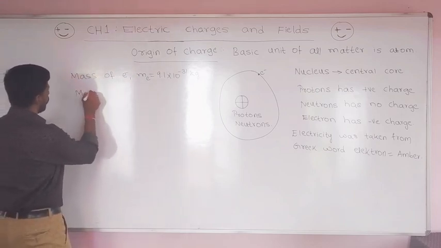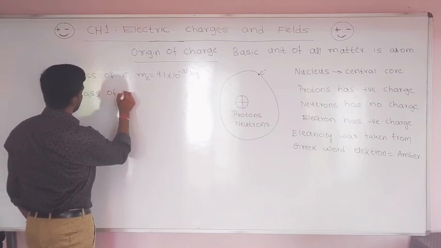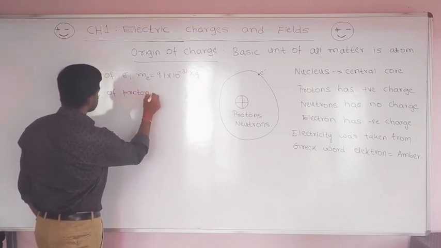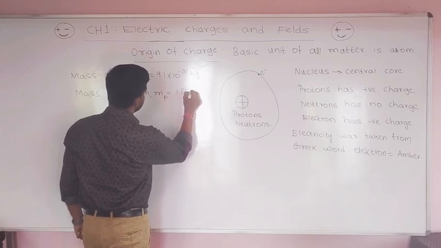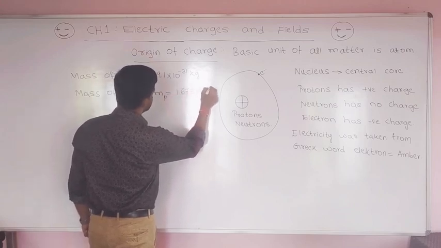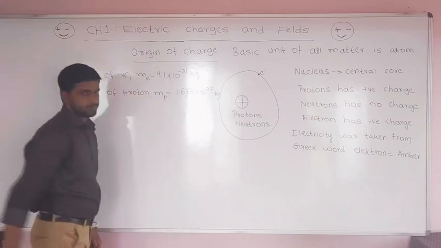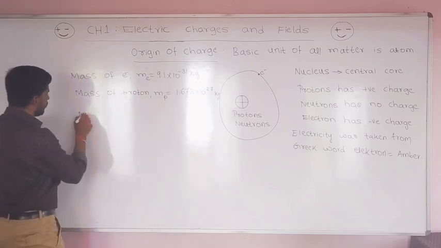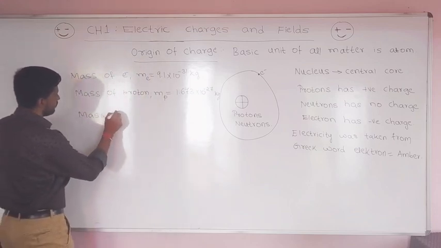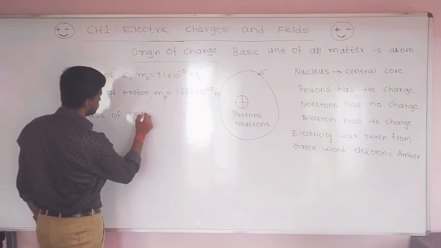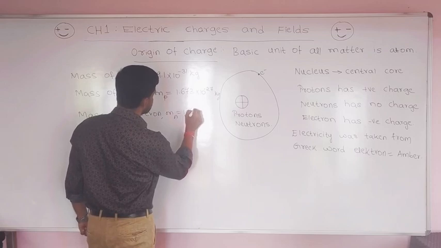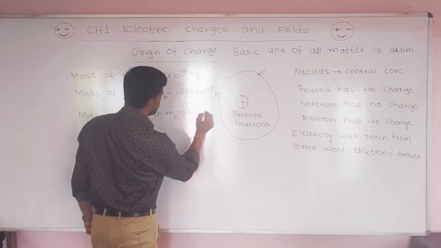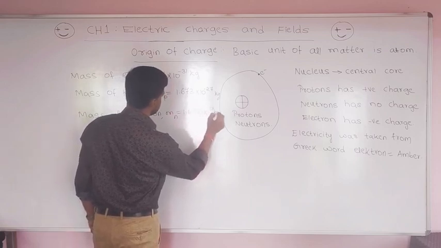The mass of the proton, Mp, is 1.673 × 10^-27 kg. And the mass of the neutron is 1.675 × 10^-27 kg.